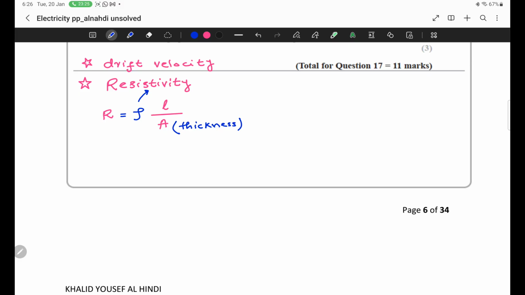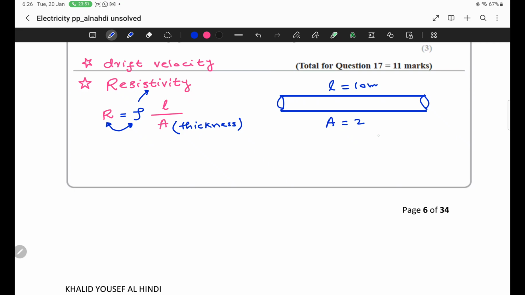A student asks, sir, what is the difference between resistance and resistivity? So I am going to explain. Sir, if you have a wire of any length and any thickness, consider the length is 10 meter, consider the area is 2 meter square, and if you calculate its opposition to the flow of current, then this opposition is called resistance.